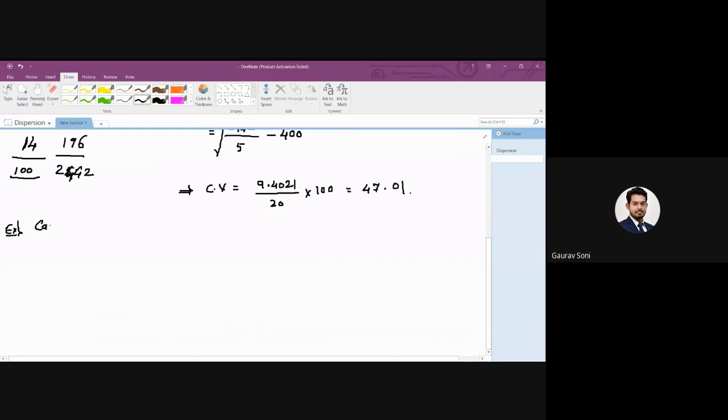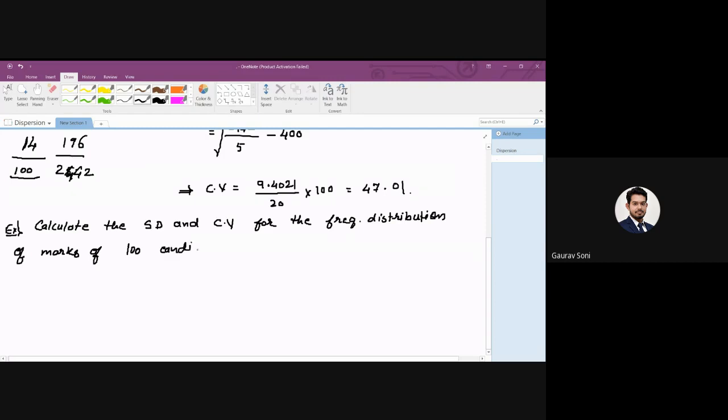Calculate the standard deviation and coefficient of variation for the frequency distribution of marks of 100 candidates given below.